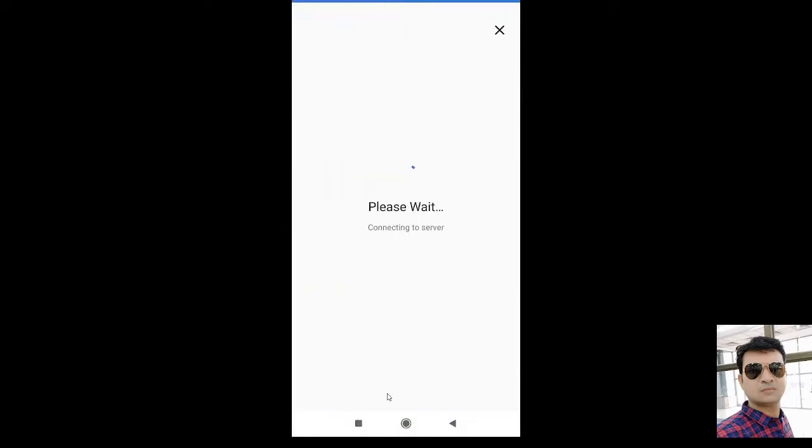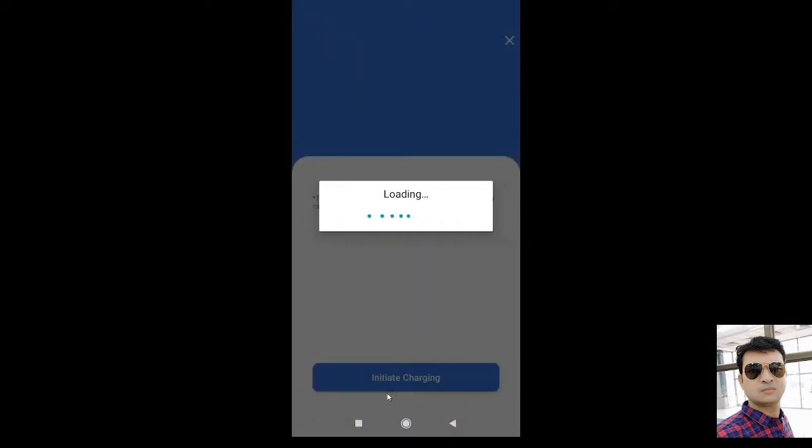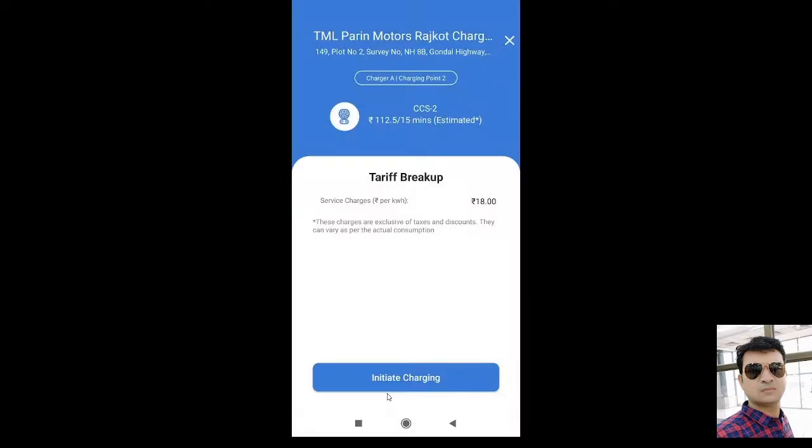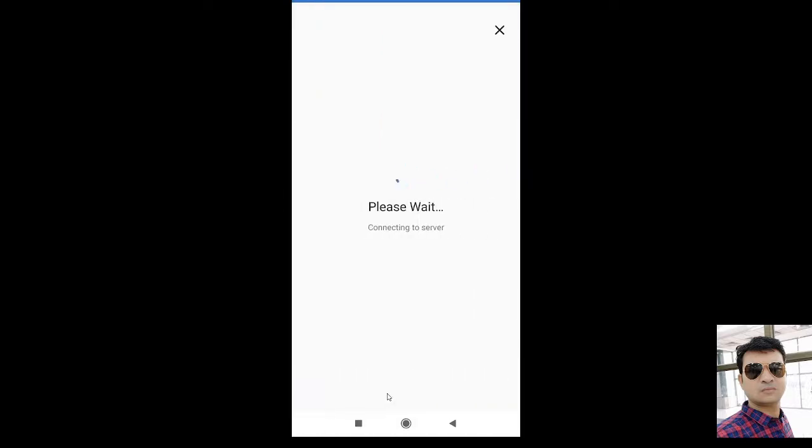Okay, now connecting to server. Yes, service charges are 80 rupees. Now click on initial charging.